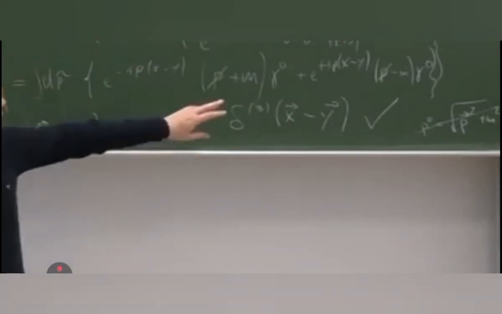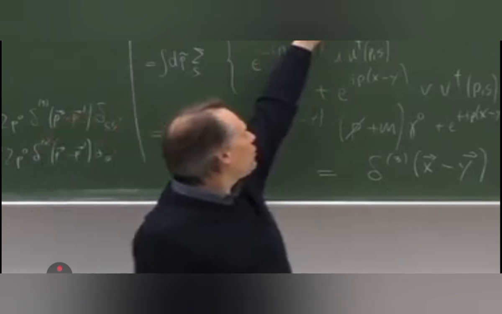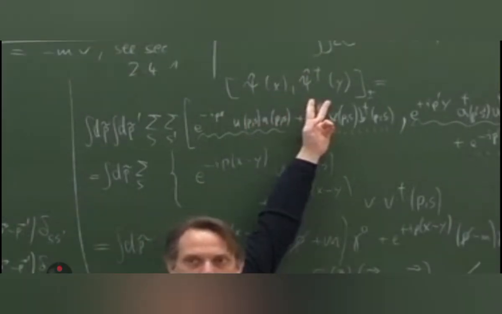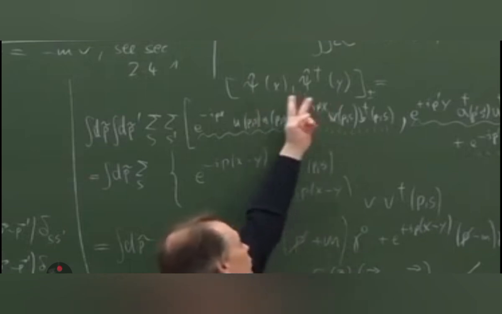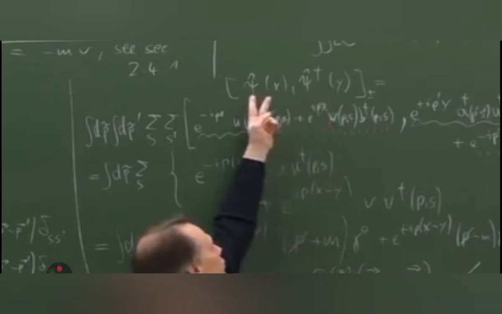But here one thing is important, so go through it yourself. What is important for the structure of the Dirac theory versus scalar field theory is really, again, this different commutator, psi with psi dagger. In the Klein-Gordon case, we had psi and psi dot. That was the non-zero commutator. And here we have psi with psi dagger.